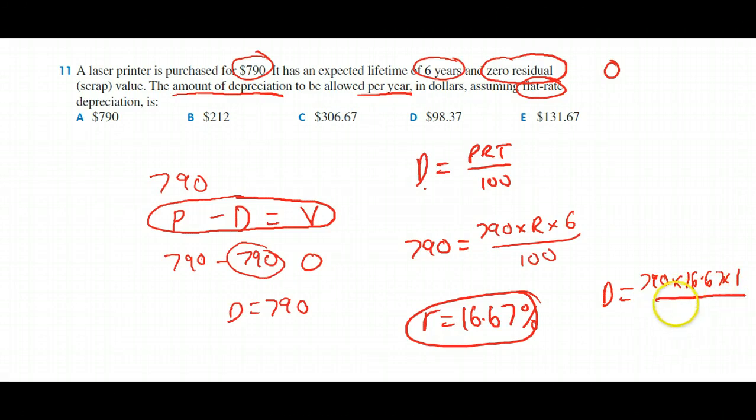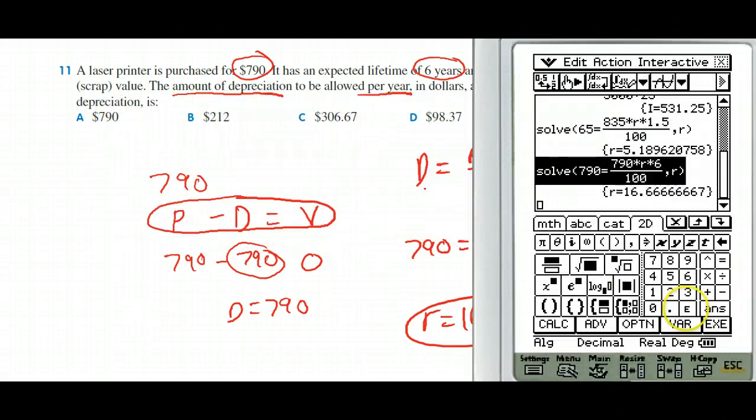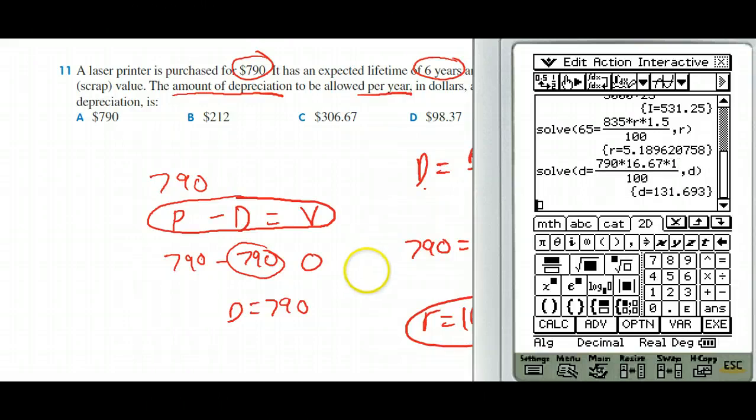We're only interested in how much happens in 1 year. Let's put all that in. So this time we can make R equal 16.67%. The time is 1, and we want to calculate how much D is. Okay, we get D is 131.70.